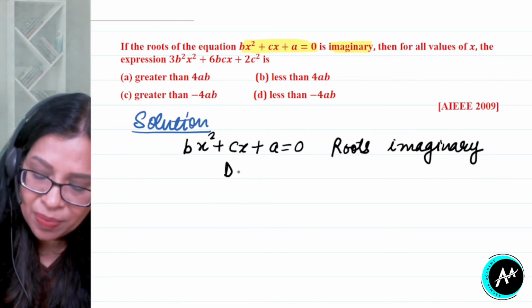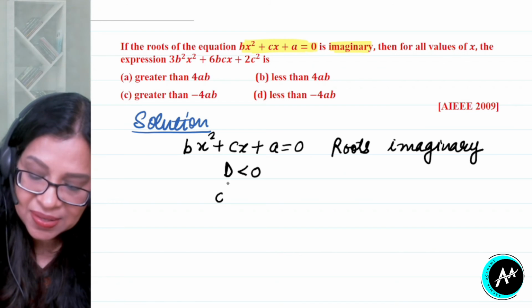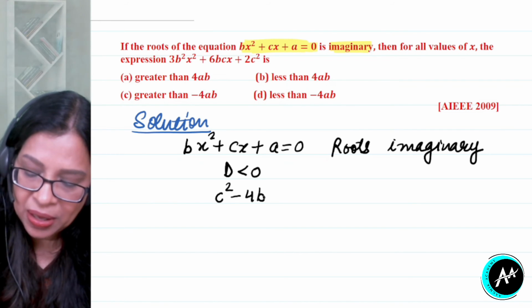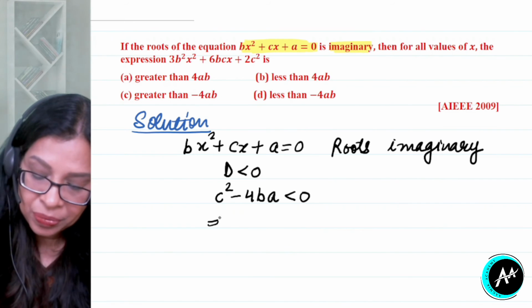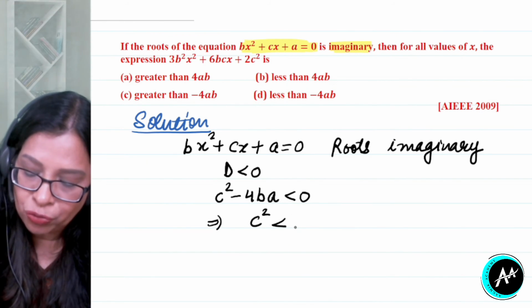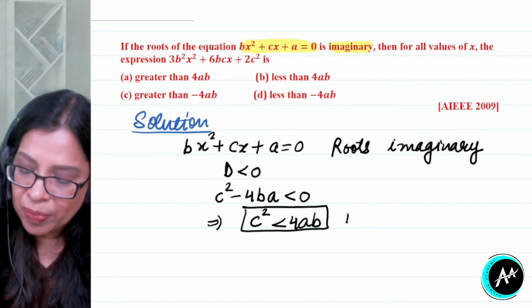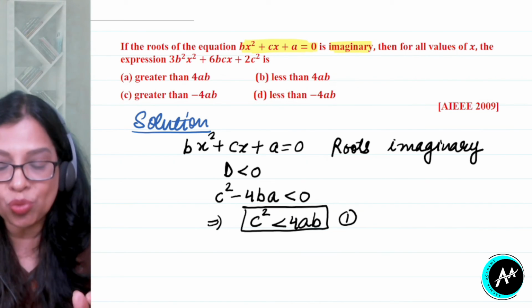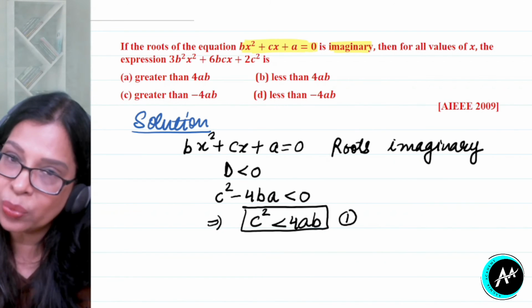So its discriminant will be less than 0. What is it? Let's see. C square minus 4ba, this is less than 0. What does this imply? This implies that c square is less than 4ab. So I have this condition, let me call it as 1, which I am going to use in solving the later part of the question.